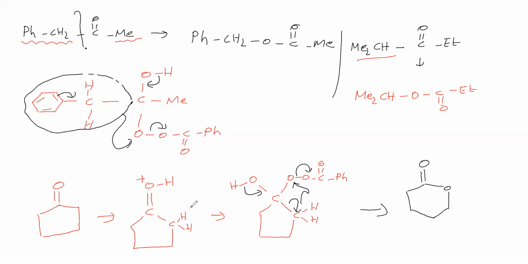That means oxygen is introduced between this carbonyl group and this CH2. The carbonyl group has CH2 on the left side and CH2 on the right side, so equivalent positions. Any one side you can take.